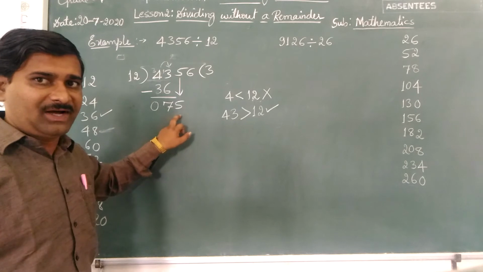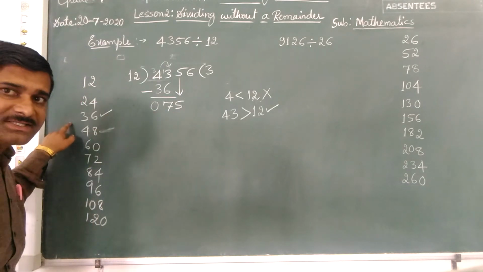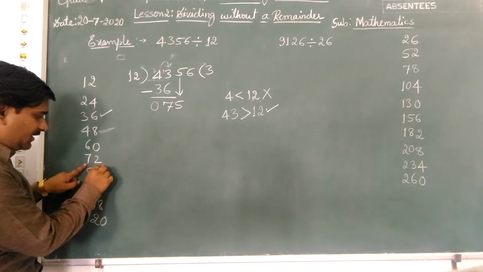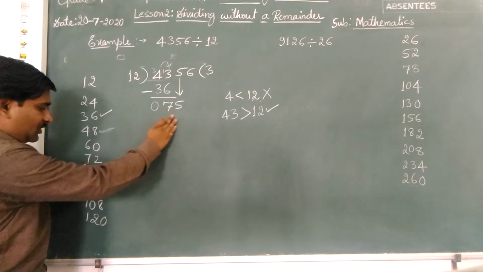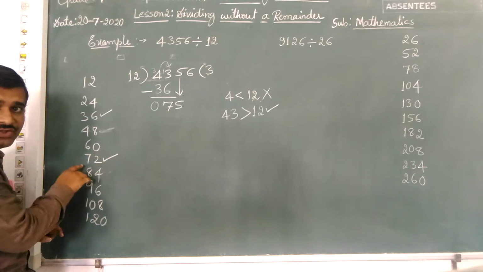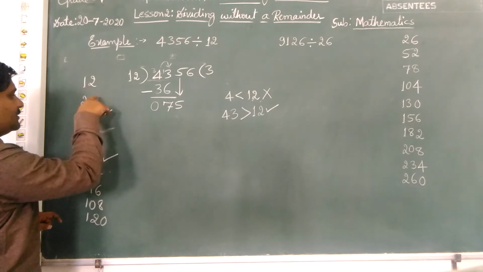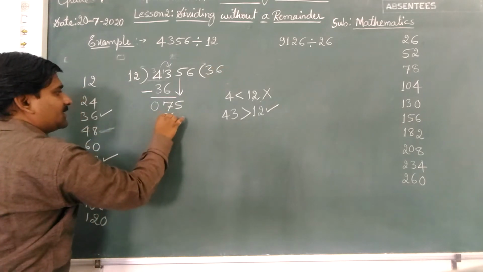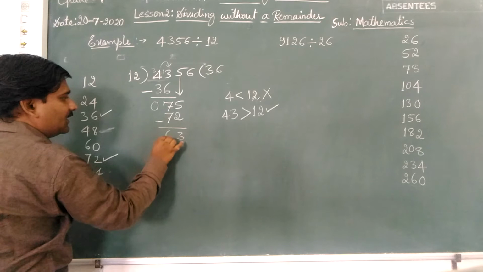Now it is 75. After getting 75, we should check where 75 or less than 75 will be in the table. See here, children, if I take 84, it will be more than 75. So we should select 72. 12 6s are 72. Again subtract, 5 minus 2 is 3.